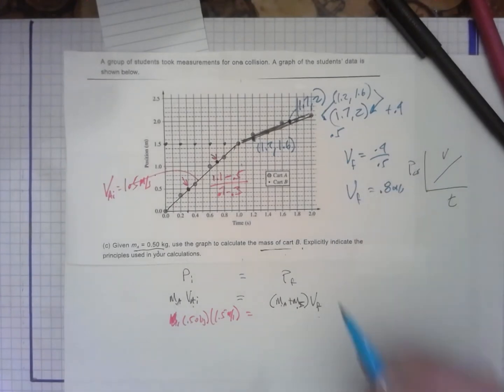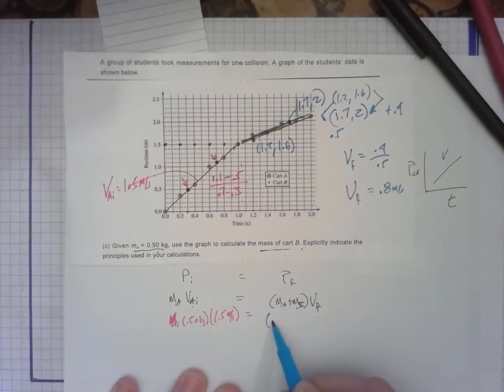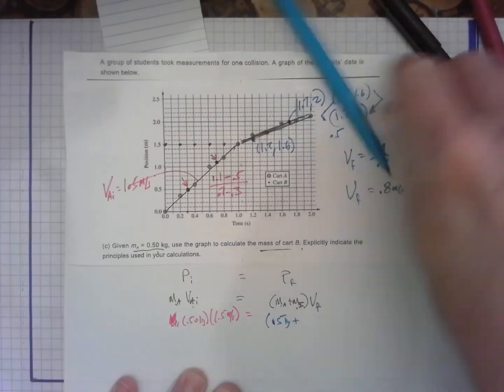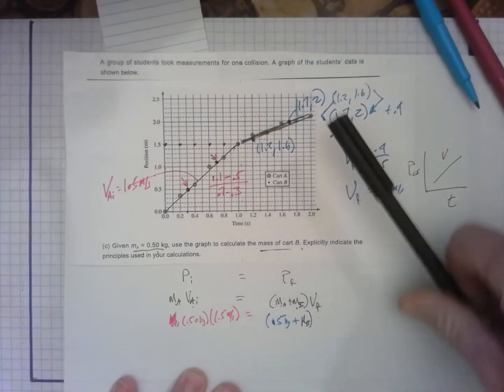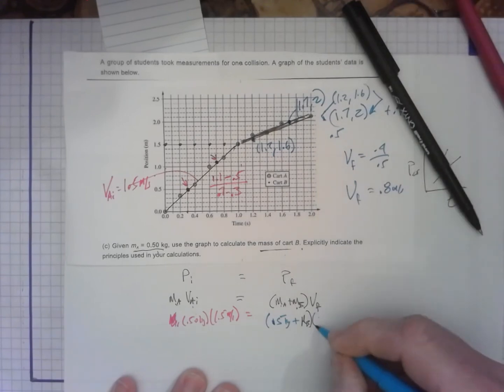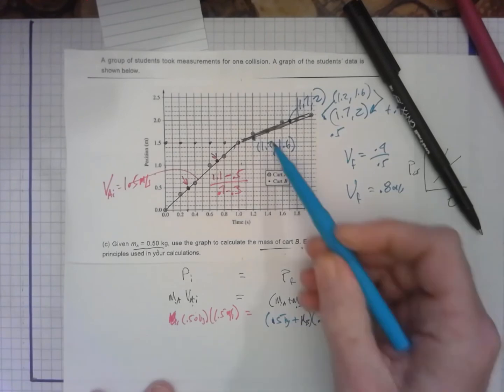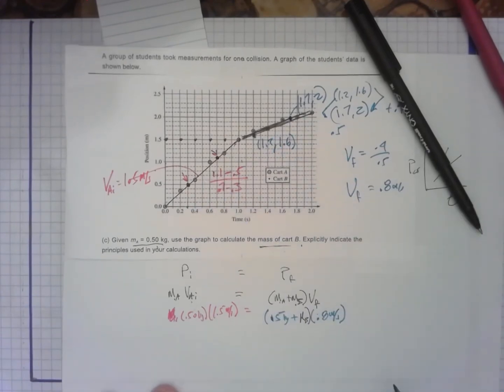So I now know that I have MA, which is 0.5 kilograms, plus the unknown MB, times 0.8 meters per second. So I'm pulling the velocities off of the slopes of these and using them in the momentum. And from here, it should be straightforward.